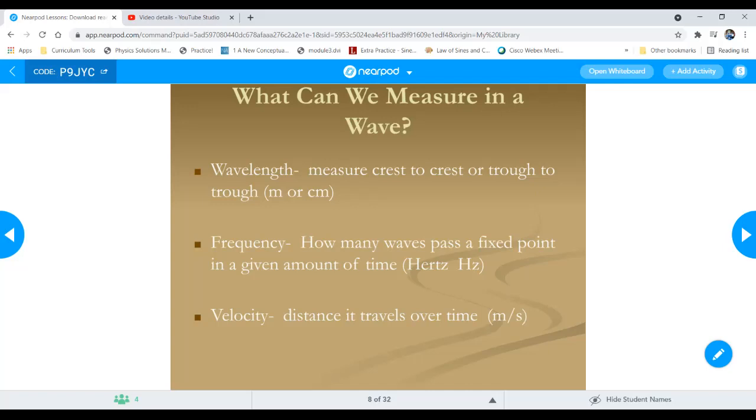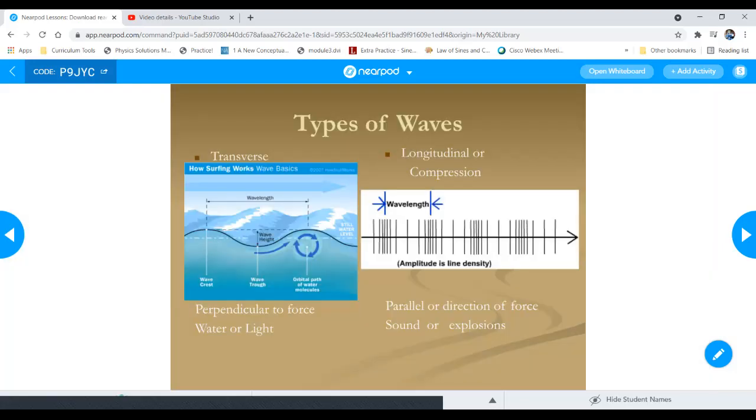So if you were standing in the ocean, just up to your knees, however fast waves went past you would be their frequency. And then velocity, of course, is actually the speed. It's how far the wave travels over a given amount of time. And that's measured in meters per second. And there are a couple basic types of waves.